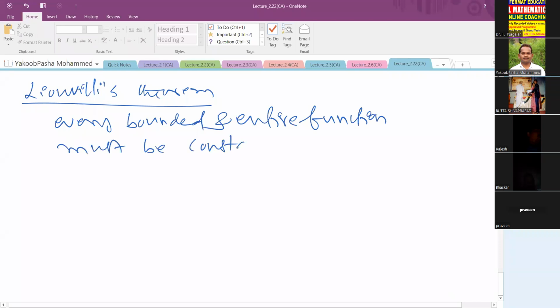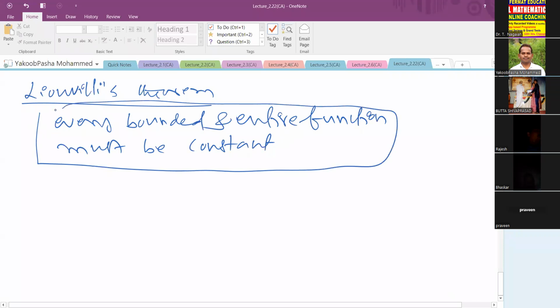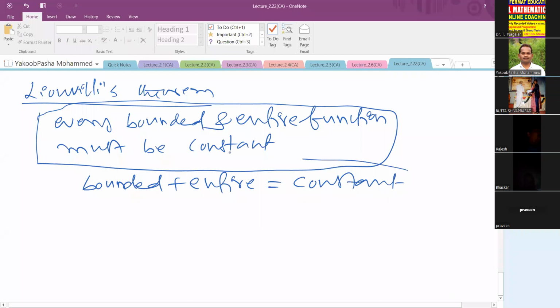It should be bounded and entire. Entire means analytic everywhere. This is the Liouville theorem. Remember the direct statement: a bounded function that is entire gives a constant. According to this, we are given one problem from set. I'm taking that.